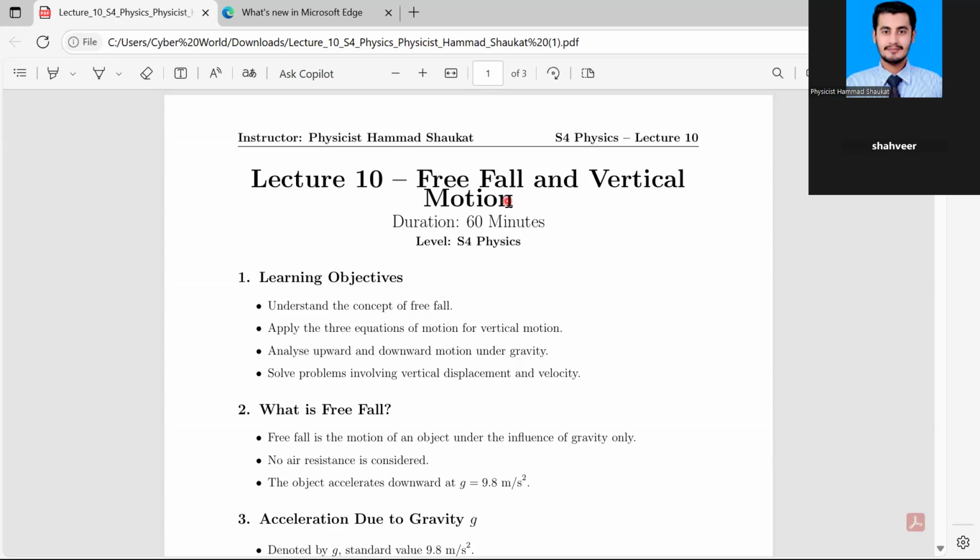Can you tell me what free fall motions are? What does free fall mean? Bodies moving under the action of gravity. Yes, gravity. So we will discuss in today's lecture how bodies behave when they move under the action of gravity, or if they can move against the action of gravity.